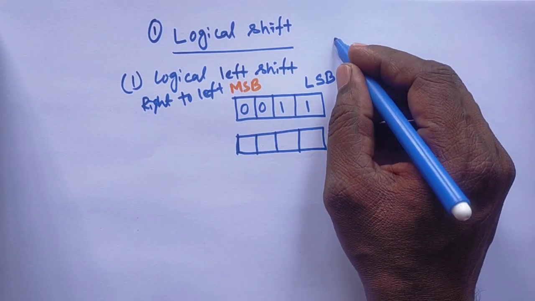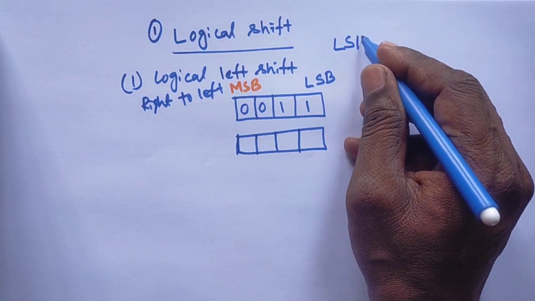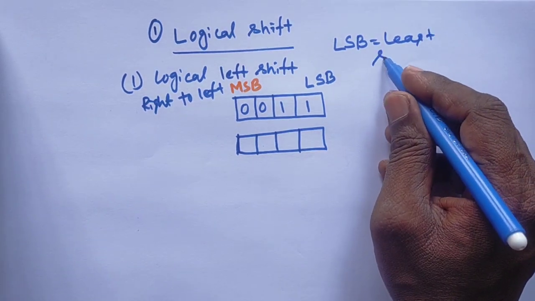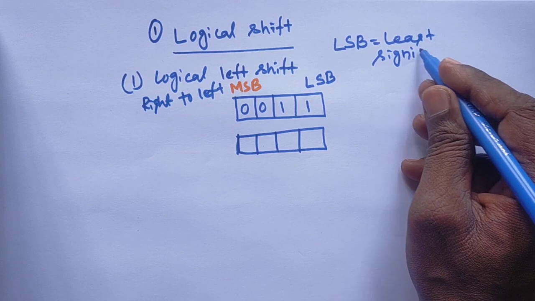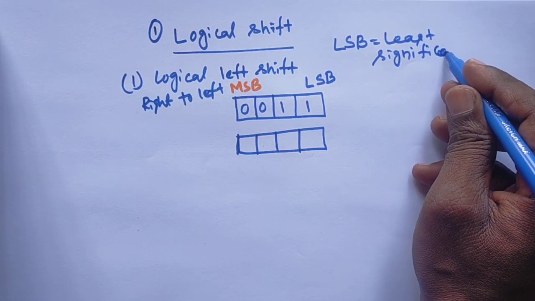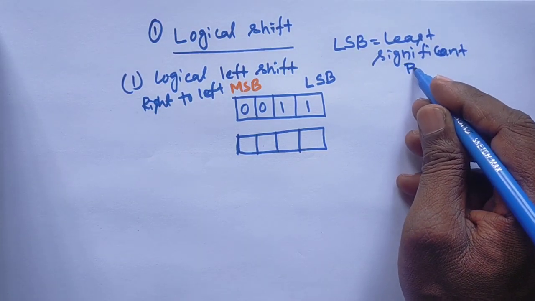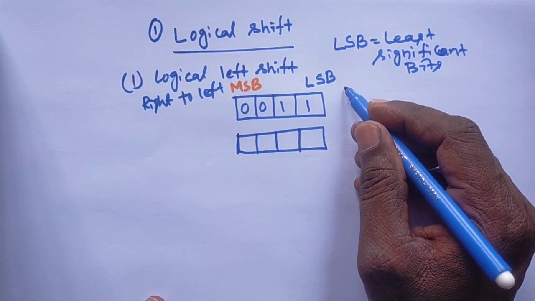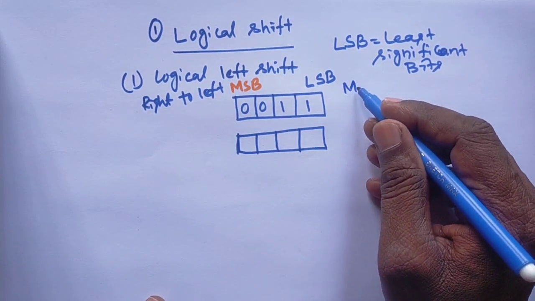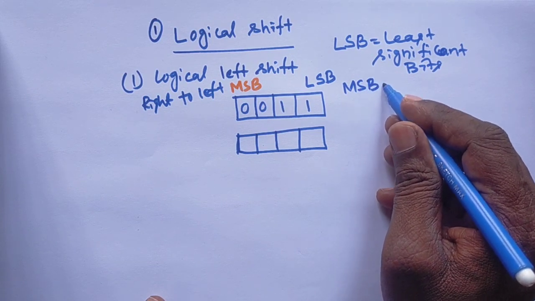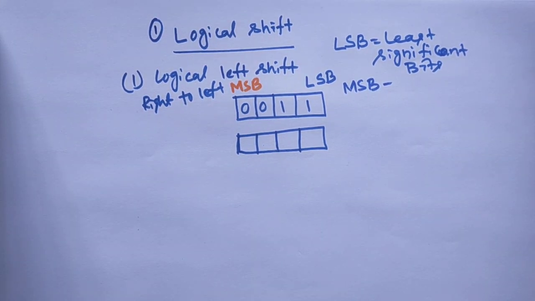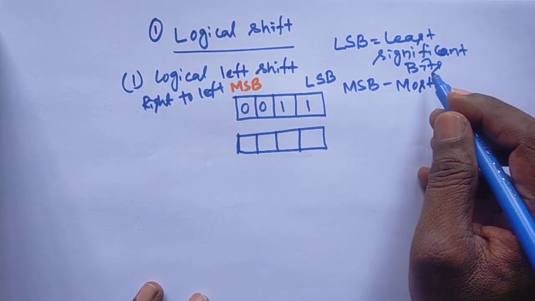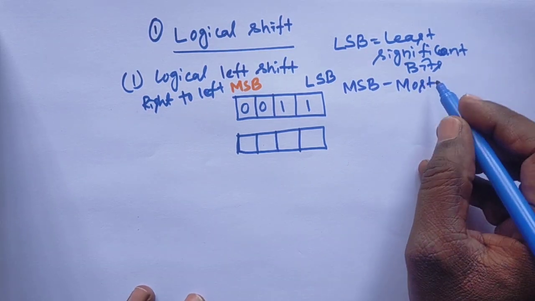Very simple way, it is also defined this way. The least significant bit is on the right hand side. If we go to the left hand side, we always consider the MSB, the most significant bit.